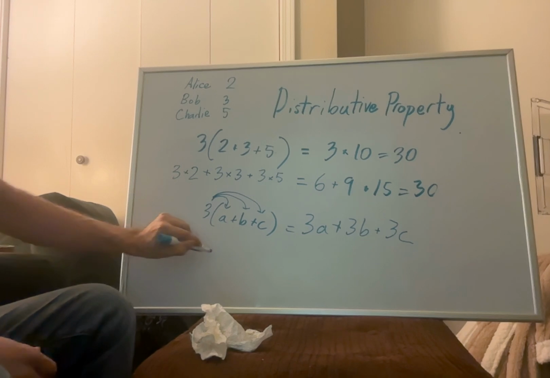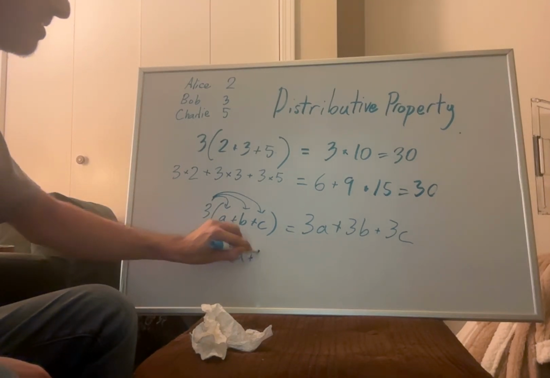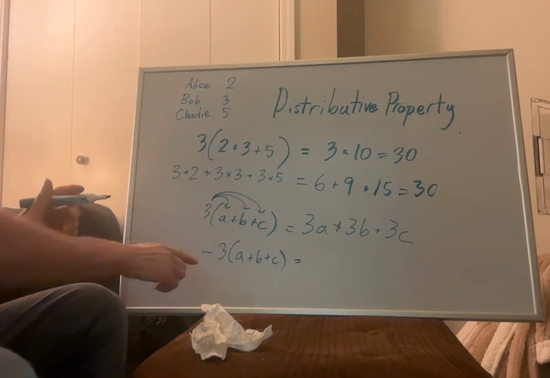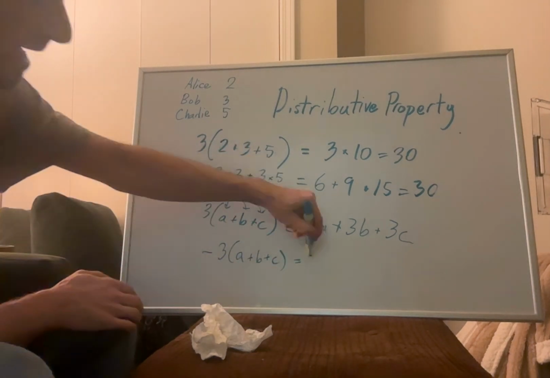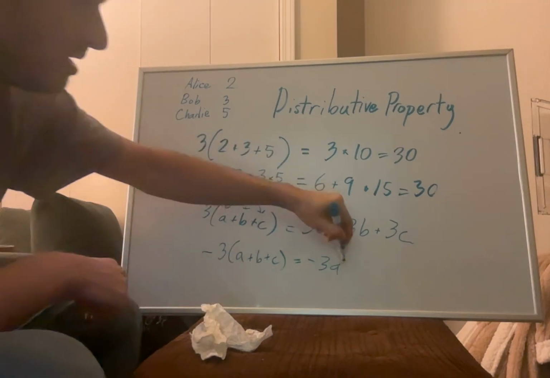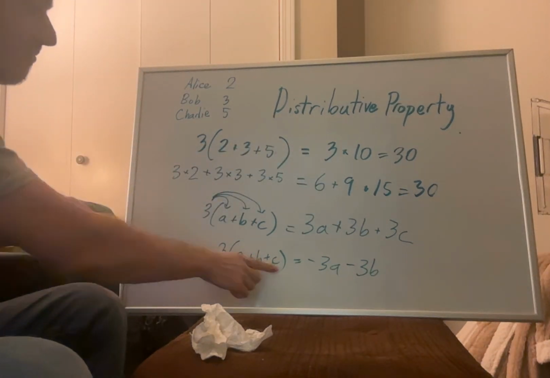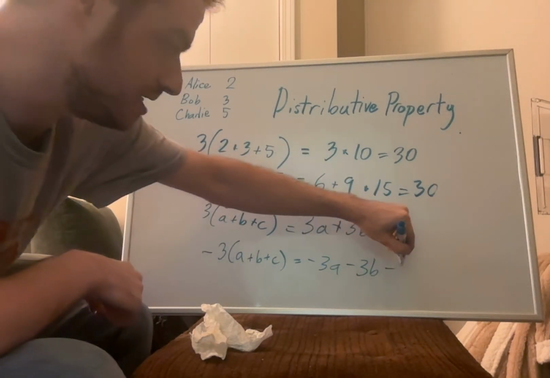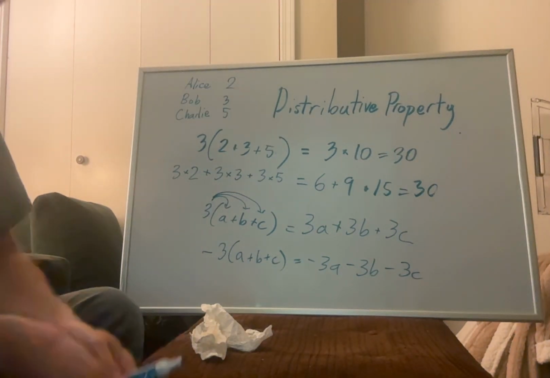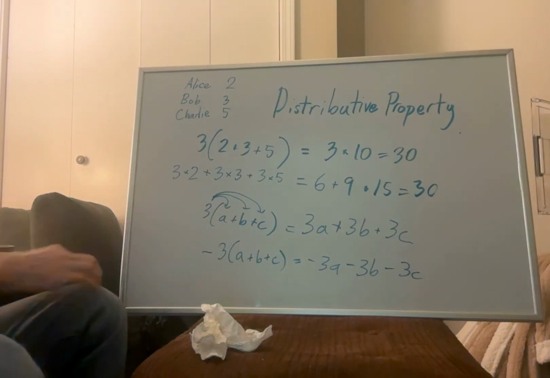So if we had, for instance, negative 3 times A plus B plus C, then that would give us minus 3A, minus 3B, and then lastly minus 3C here. And so you always want to be careful when you're multiplying with negatives, and that certainly applies in the distributive property case.